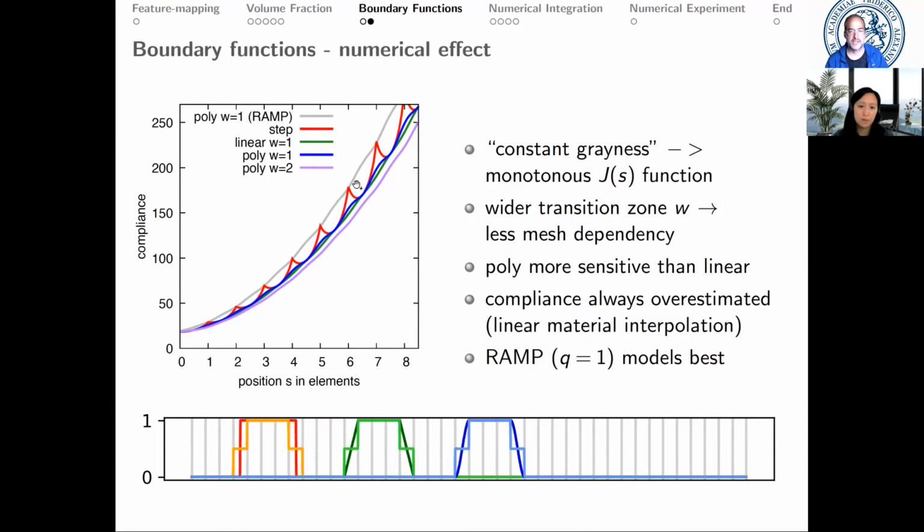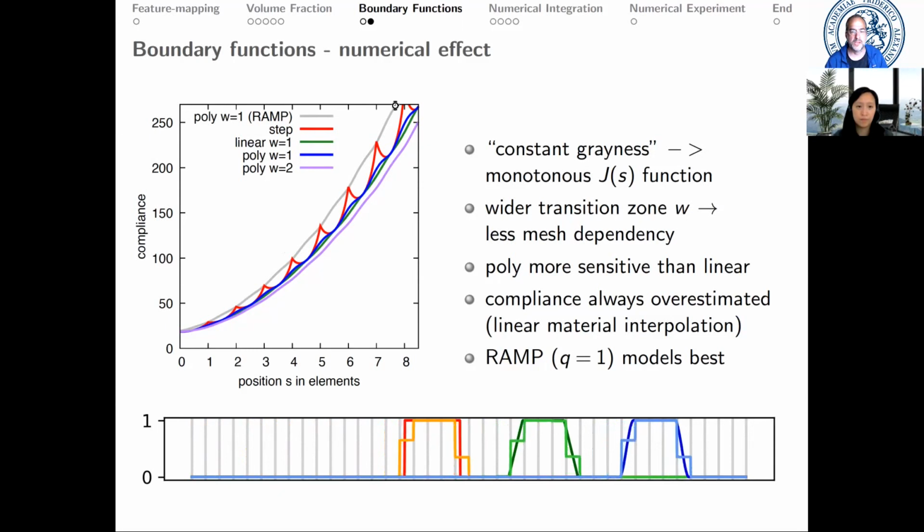What we see is the polynomial function with transition zone of only 1. So as we have for the blue curve, but here the ramp function is applied. That means the ramp function here minimizes the effect of the mesh dependency.